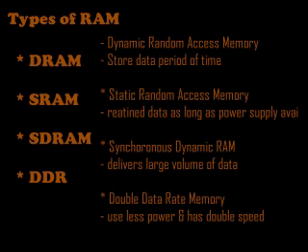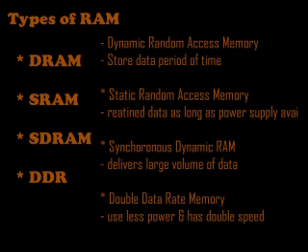That is SRAM. The next memory is SDRAM, whose full form is Synchronous Dynamic Random Access Memory. It can deliver a large volume of data at high speed. With the previous memories we can store only a small amount of data, but in this memory we can store a large amount of data at high speed.